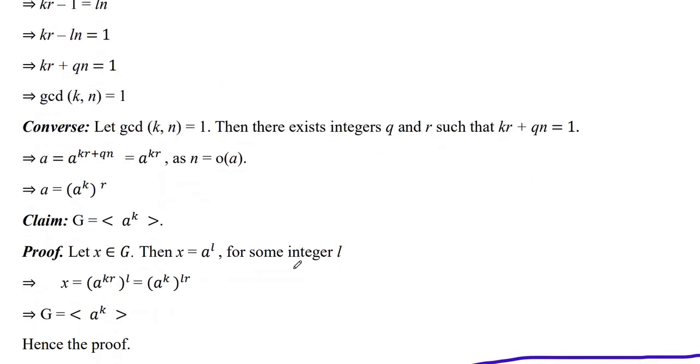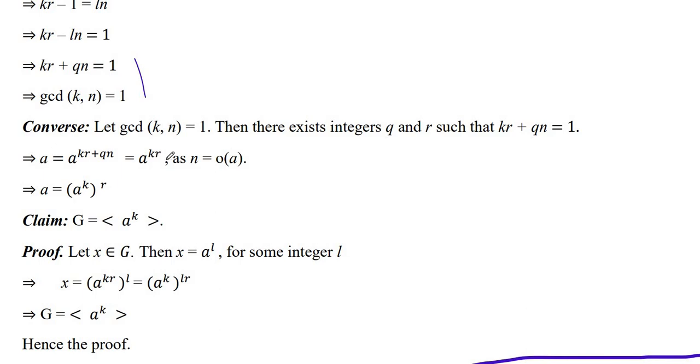Now for the converse part, we shall assume the GCD of K and N to be 1. Then there exist, again by the same result, integers Q and R such that KR plus QN is 1. Now we consider A, which is A raised to, we are replacing 1 by this, so you have this, and A power N being E, you are just left with this.